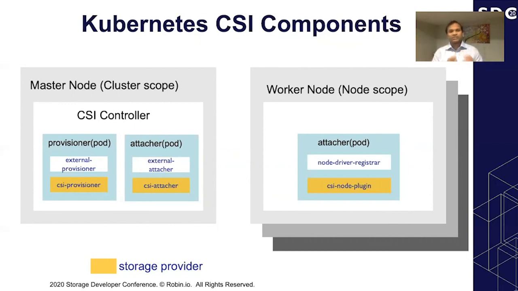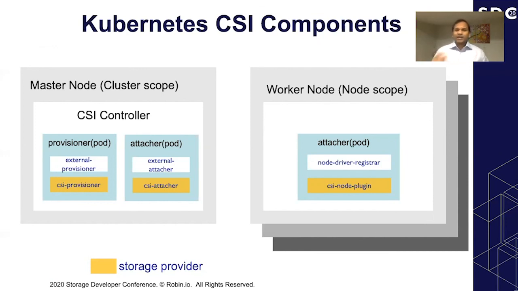So it needs to decide on which node the storage should be allocated. The second thing is the external attacher. This is also one per cluster, and it makes sure that the allocated volume can be made available on the particular worker node where the pod would be running.